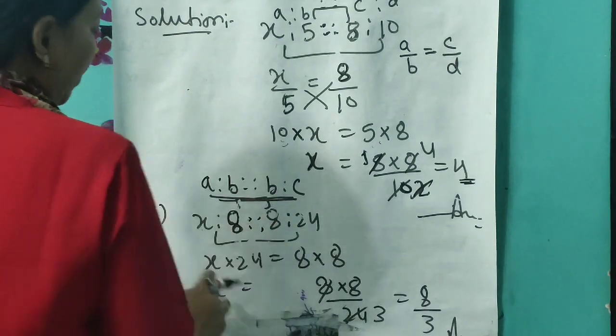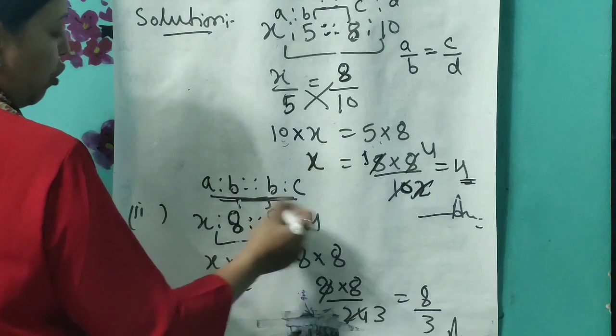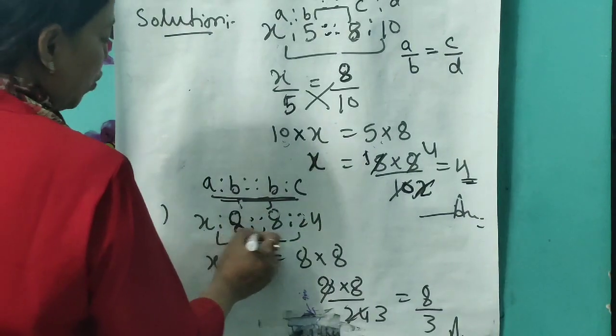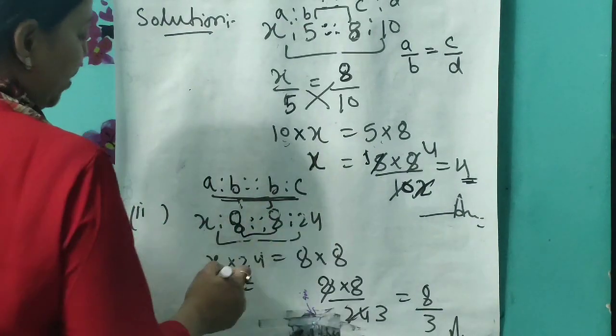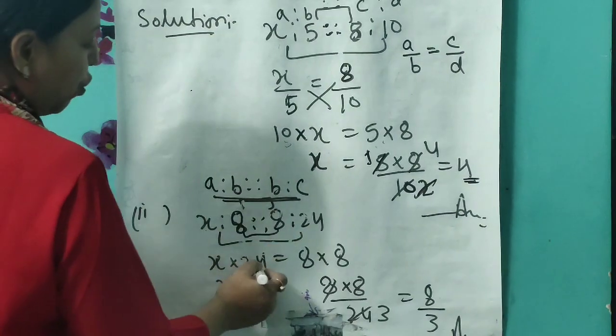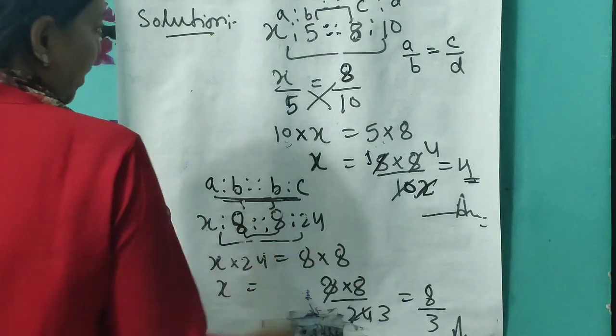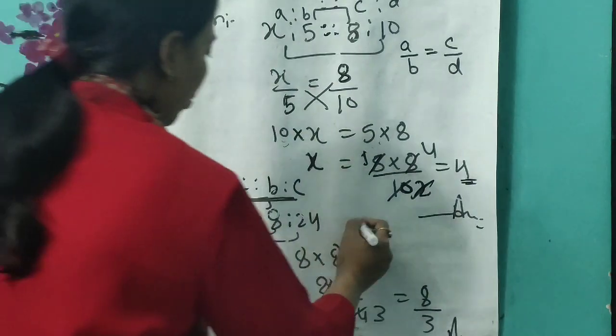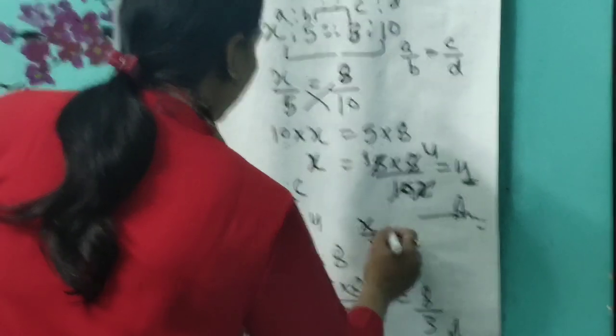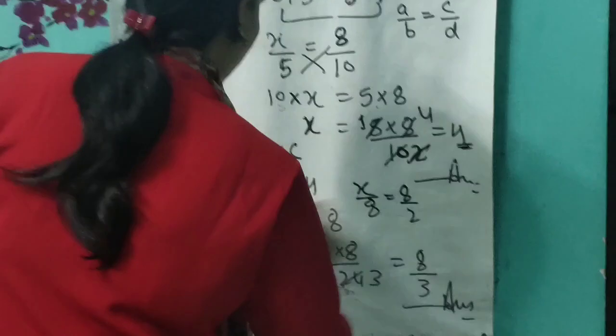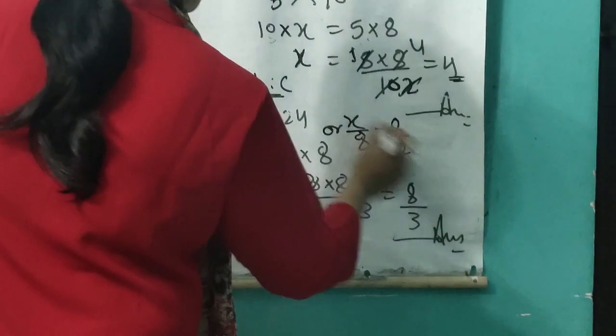So now you can solve it by the method of product of means and extremes. Product of means is equal to product of extremes. So x into 25 is equal to 8 into 8. Or you can write it this way also: x by 8 is equal to 8 by 25. Both are the same thing.